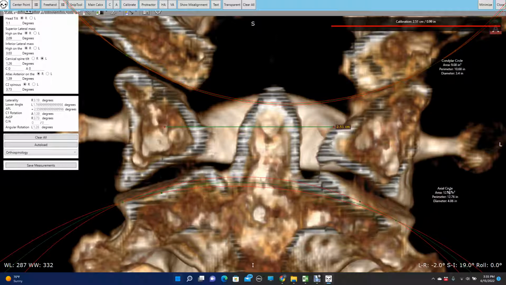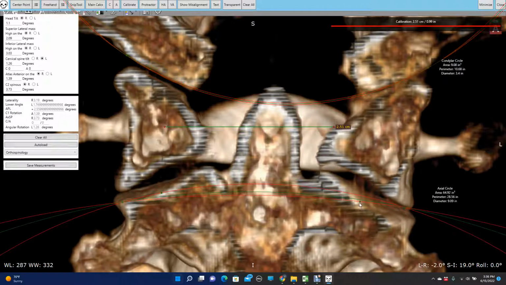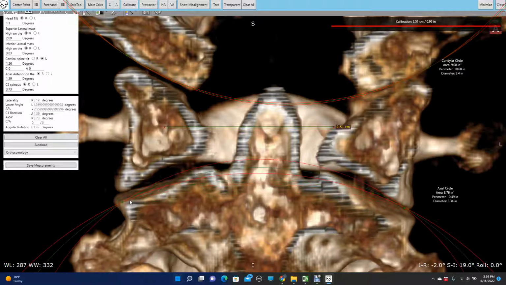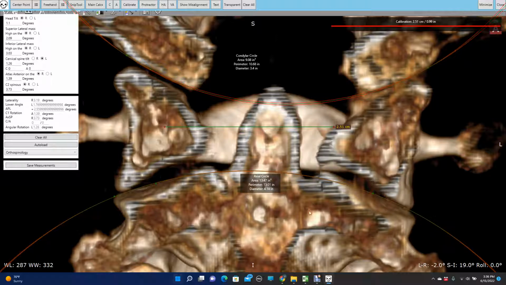I don't really like that. You know what, we're going to go with it like this, since we can see more C2 over there. There we go. That looks much better. And so now we have our condylar circle here as a 3.4, and our axial circle as a 4.1.